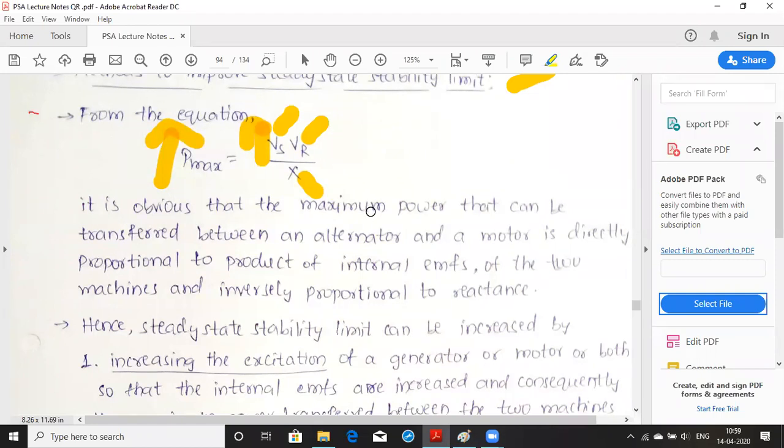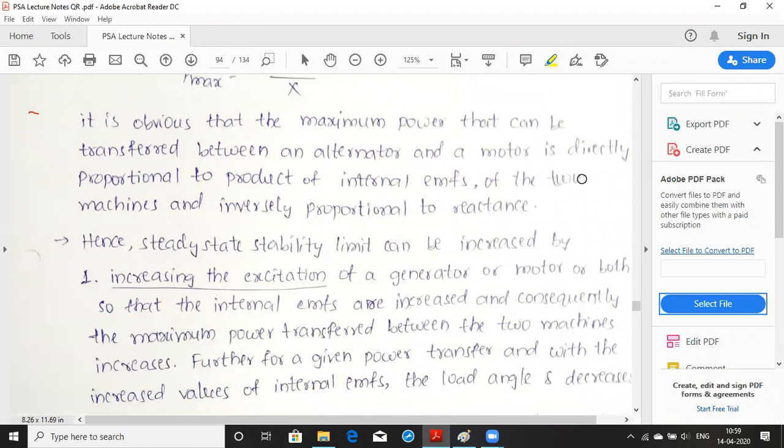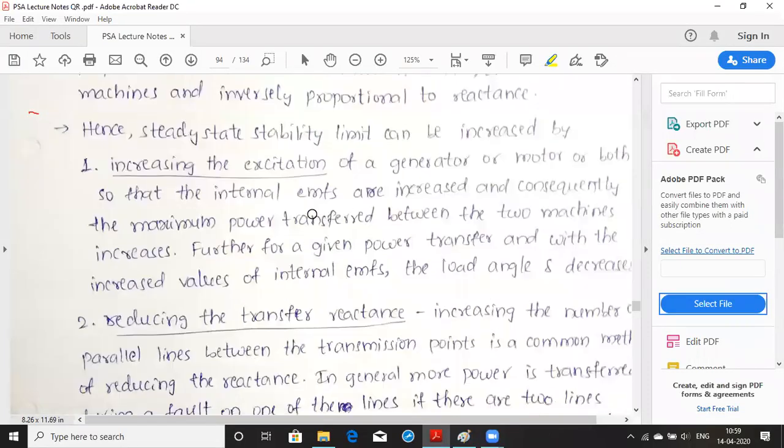So we have 3 different chances: first of all, by increasing the excitation of the generators or the machines, so that Vs and VR will increase, and also by reducing the reactance. That is the same thing you can see here. The power transfer is directly proportional to the product of the internal EMFs and inversely proportional to the reactance.